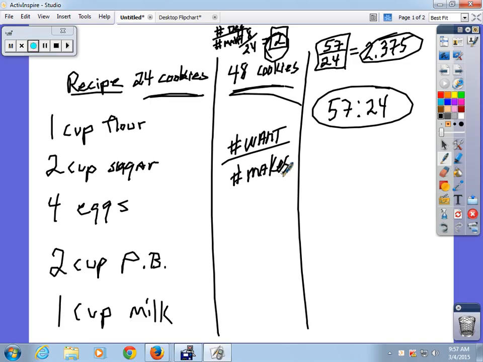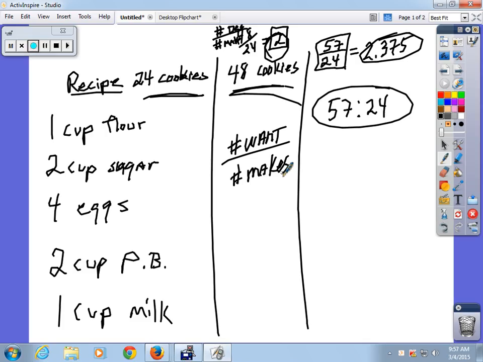So if I ask you to make 57 cookies, then you would multiply all the ingredients by 2.3. The whole point is this multiplier never changes. This multiplier is just like a portion, or a ratio, or an odds and units.